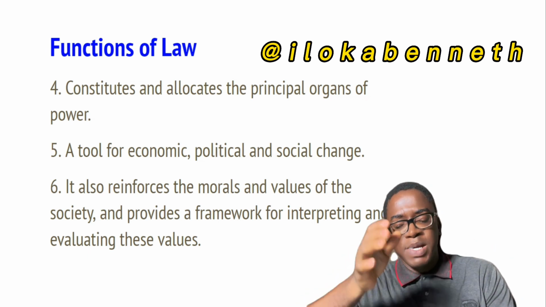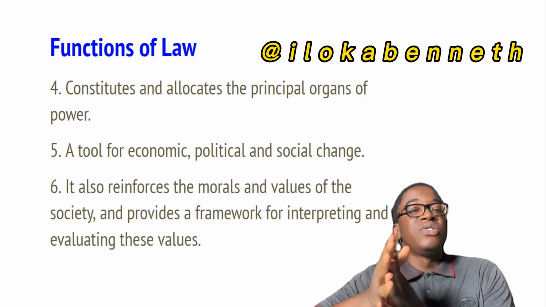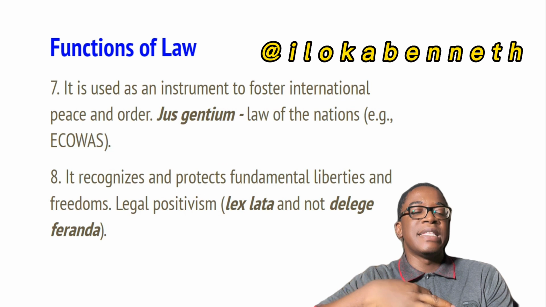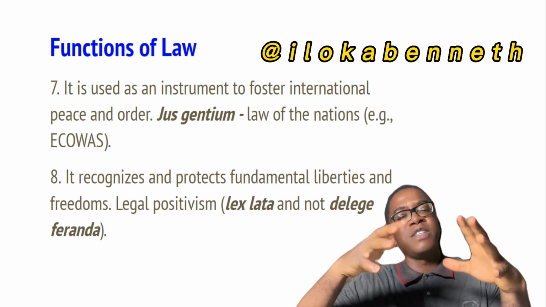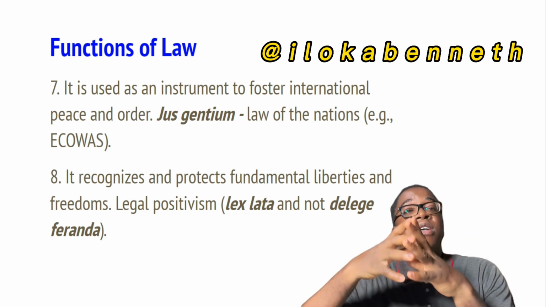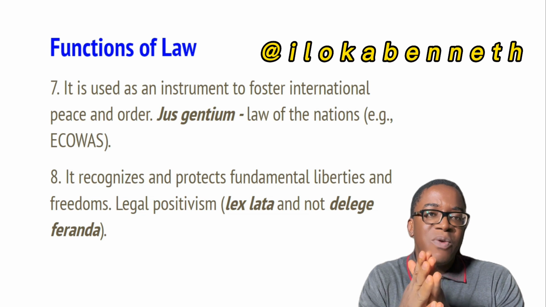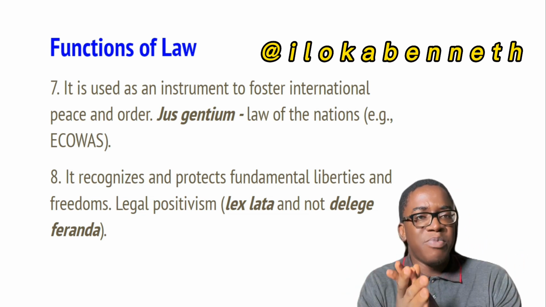Okay. So basically, the seventh function is that it is used as an instrument to foster international peace and order. Of course, when you have reached all these agreements through the economic rule of law, then the possibility of peace will now exist. Are you getting the point? Okay.